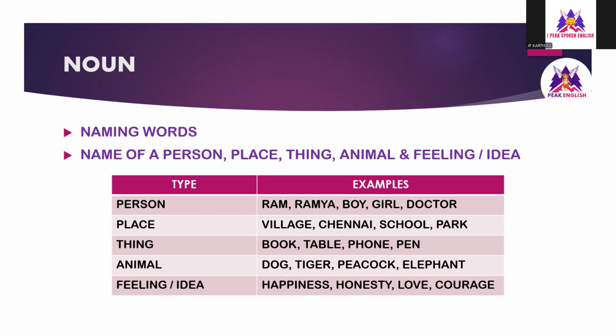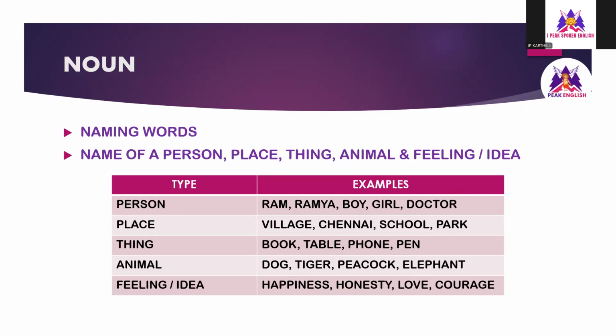Why? Because to identify, right? So for that we have names. Every person, every place, every object, every animal has a name, and every feeling also has a name. Every idea has a name. So all naming words are called nouns.